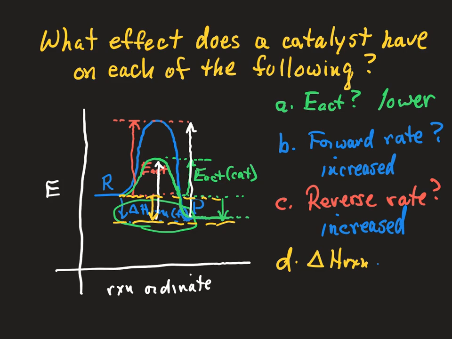Those are properties of the reactant and product. Those are not going to change. So the delta H for the reaction is unchanged because it is a property of the reactants and products themselves, not of how we get them from one place to the other.